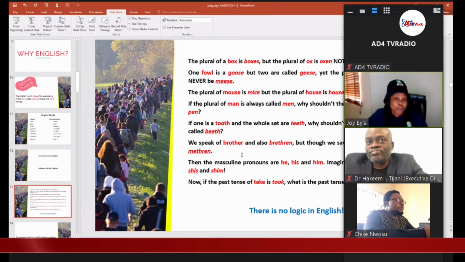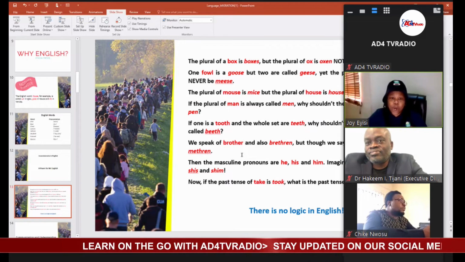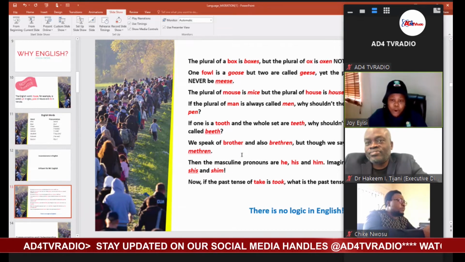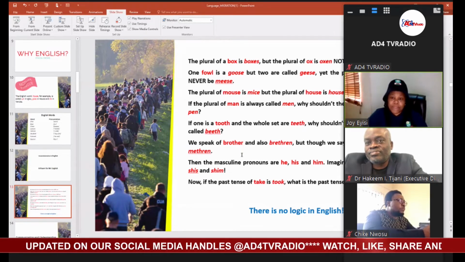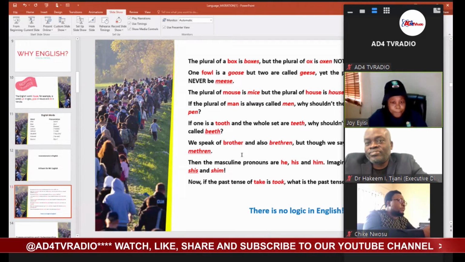If the plural of man is always called men, why shouldn't the plural of pan be called pen? If one is a tooth and the whole set are teeth, why shouldn't the plural of booth be called beeth? We speak of brother and also brethren, but though we say mother, we never say methren.